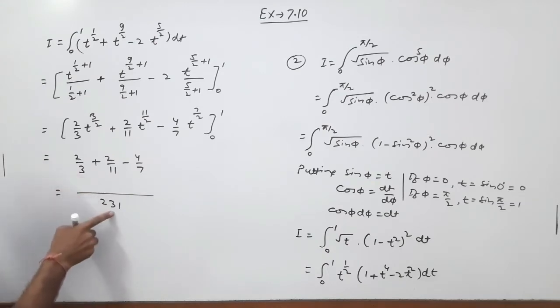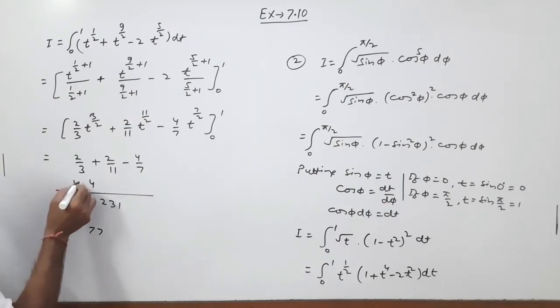Dividing 231 by 3, 3 7s are 21 and remainder is 2, 3 7s are 21. 77 when multiplied by 2, then we get 2 7s are 14, 4 carry 1, 2 7s are 14 and 1 is 15.